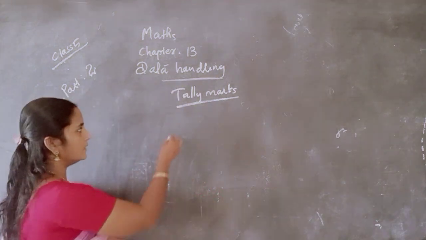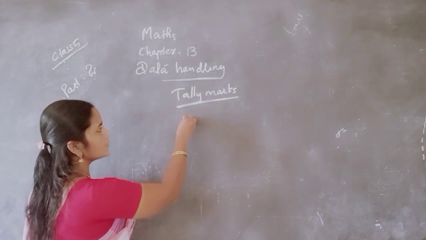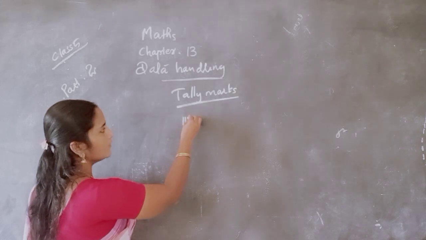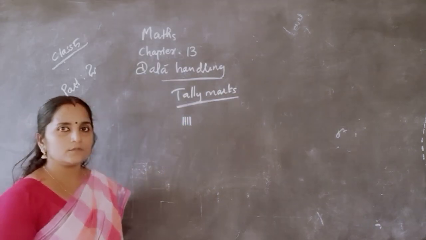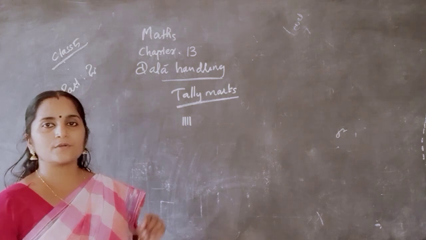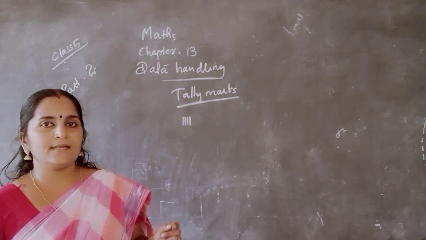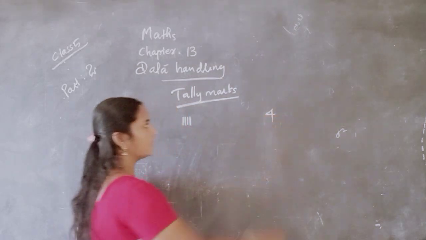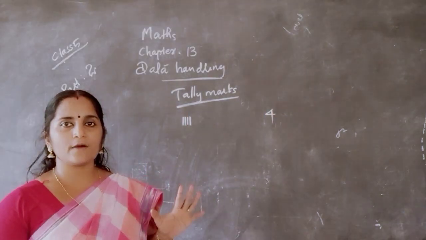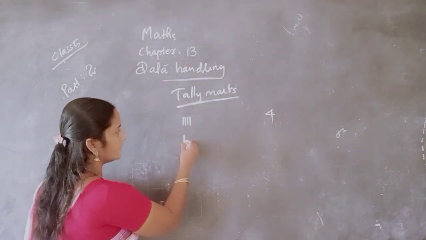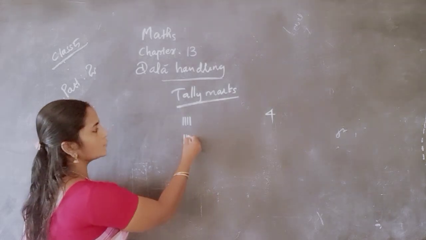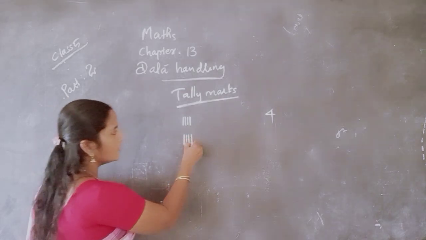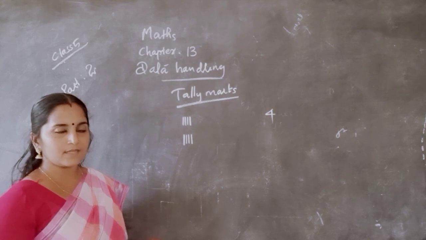Okay, for example, 1, 2, 3, 4. We draw the 4 vertical lines to represent the tally mark corresponding to the number 4. But if we have 5, we represent it as 1, 2, 3, 4, 4 vertical lines are there.